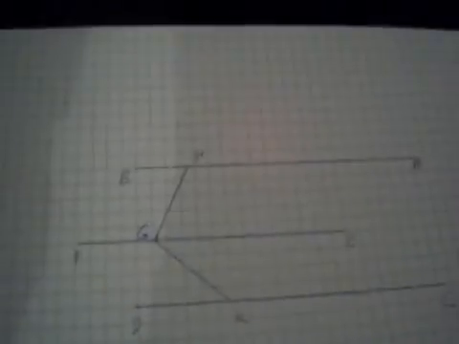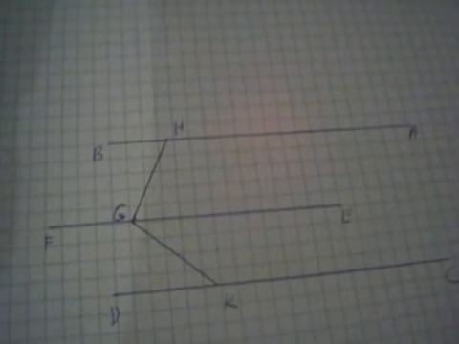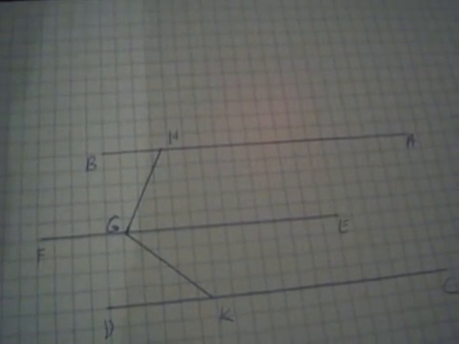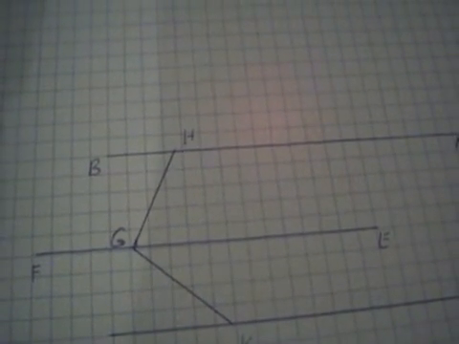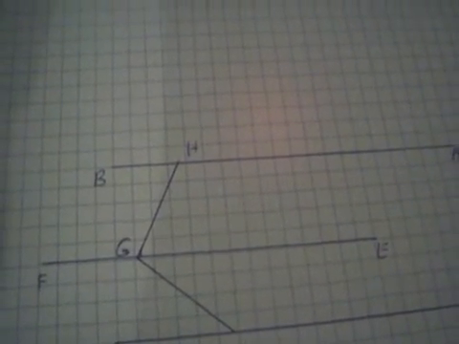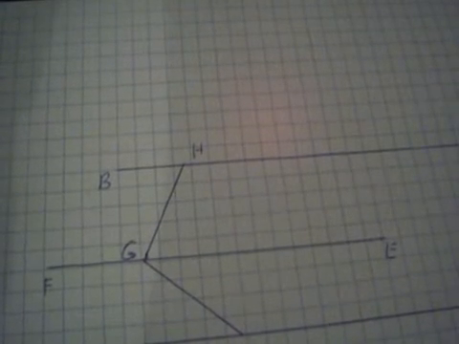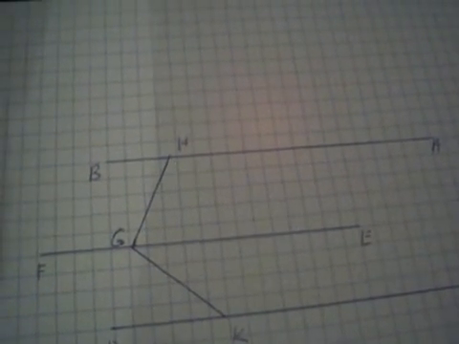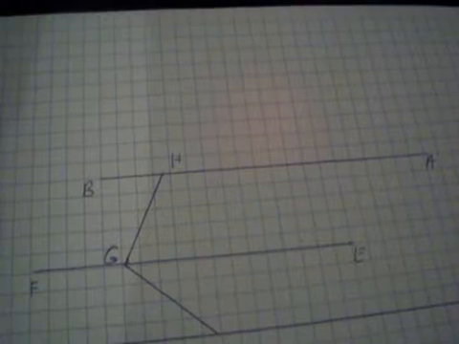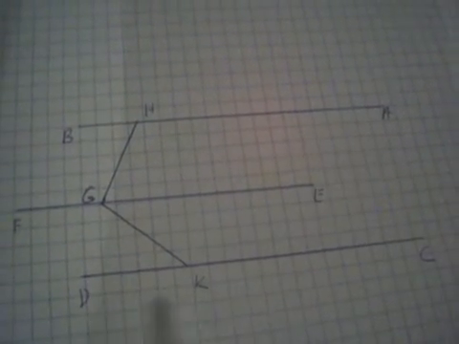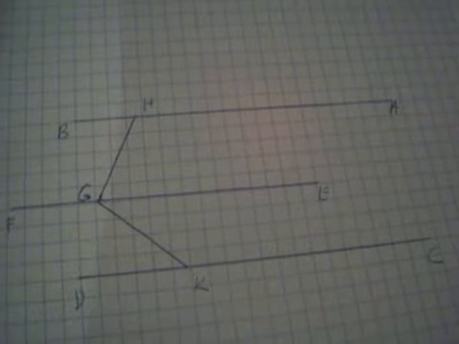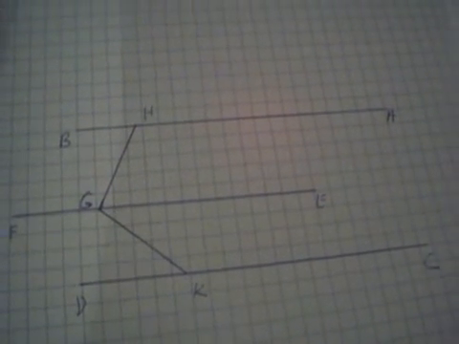Now, what does the proof actually say? It says, straight lines which are parallel to the same straight line and are not in the same plane with it are also parallel to one another. For let each of the straight lines AB and CD, this is AB here, this is CD here, be parallel to EF.